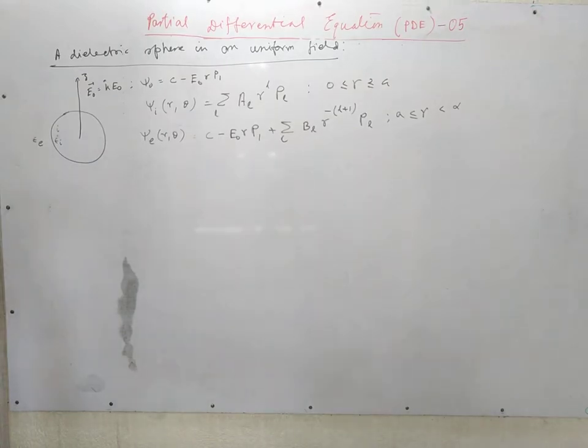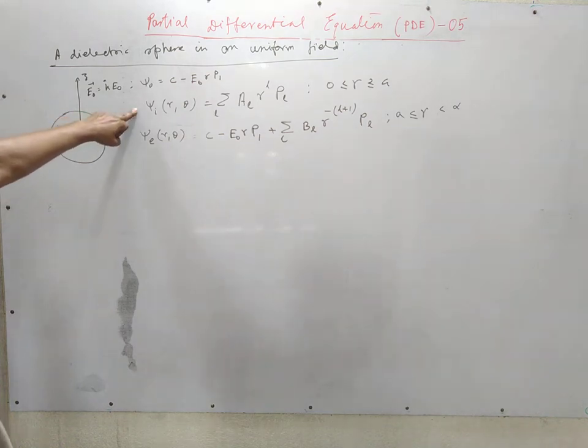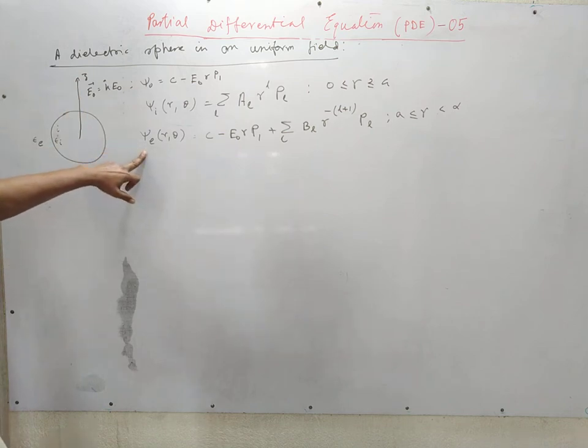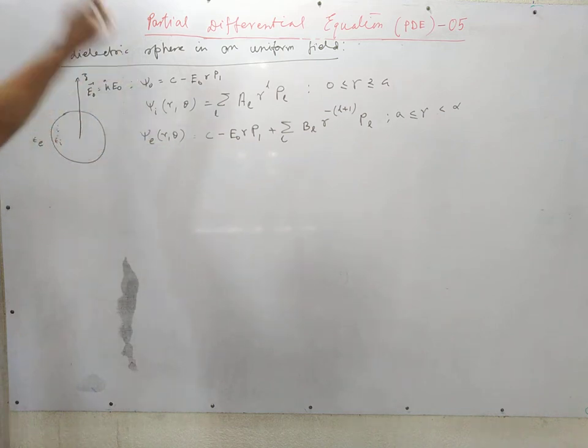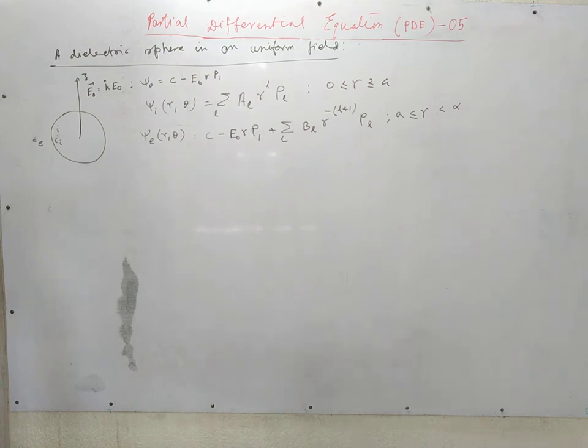This solution has been obtained on the basis that phi internal is finite at all values of r, and we have applied the condition that as r tends to infinity, the potential must go to the value corresponding to the existing field.